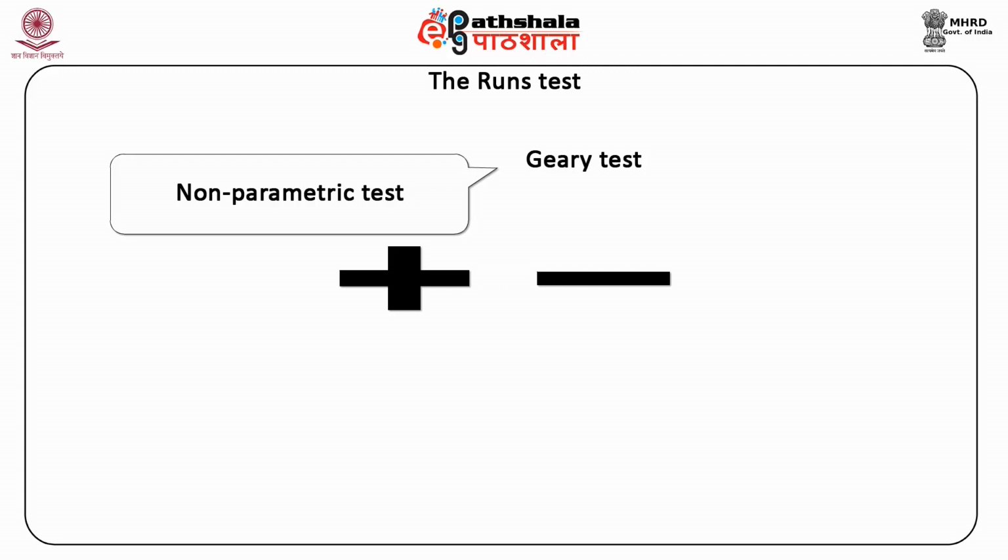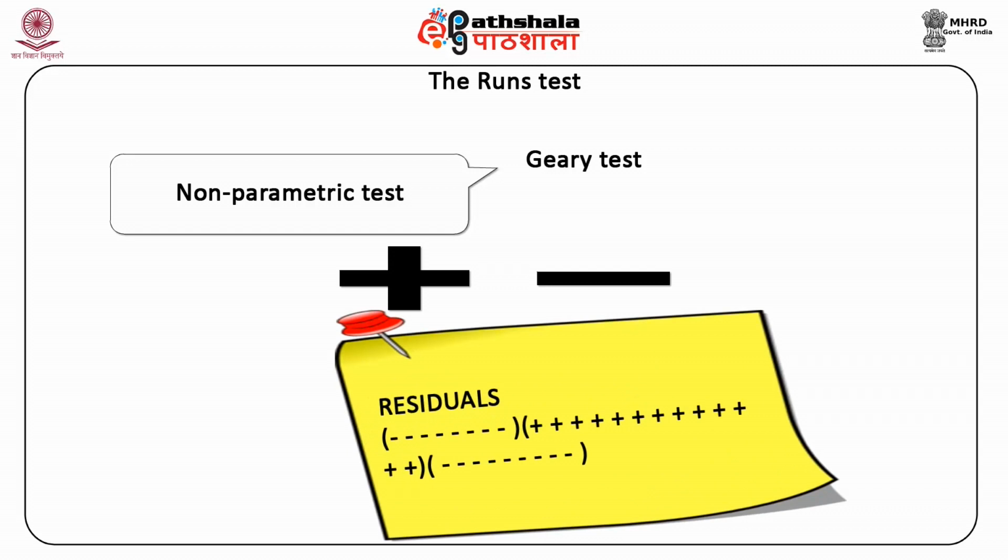For example, we may observe residuals with the following pattern of signs: we have negatives, then we may have positives, and then again we may have negatives. In this example, we observe 8 negative residuals followed by 13 positive residuals followed by 9 negative residuals, for a total of 30 observations.